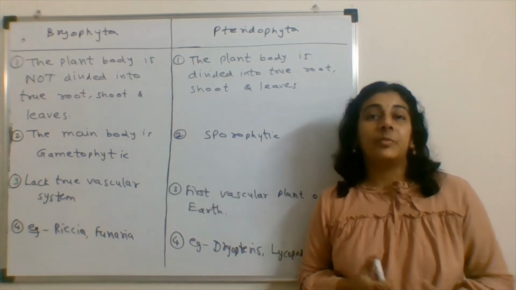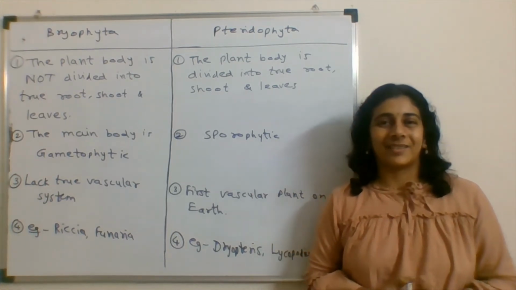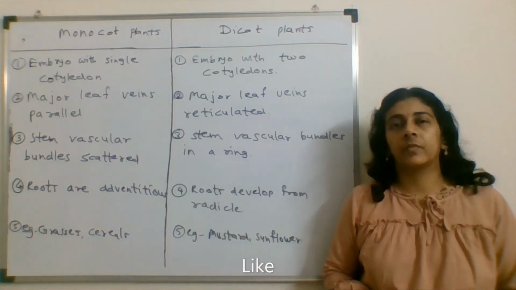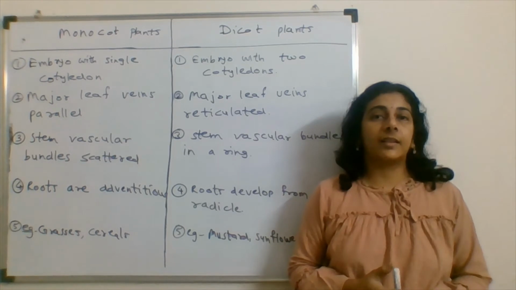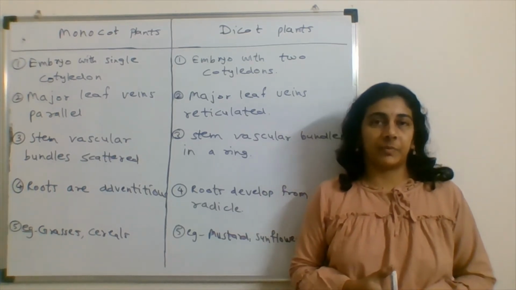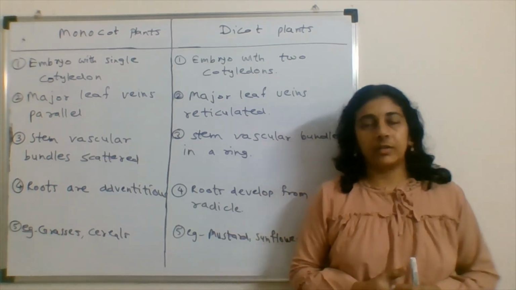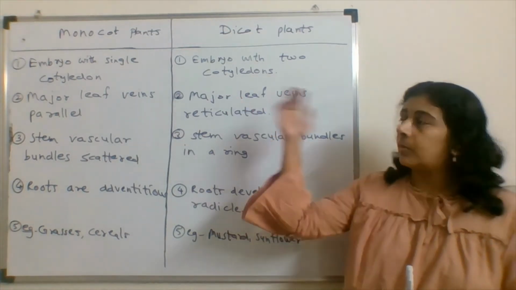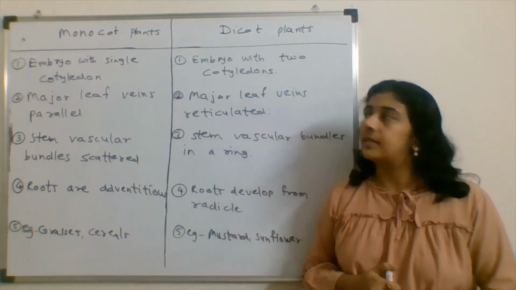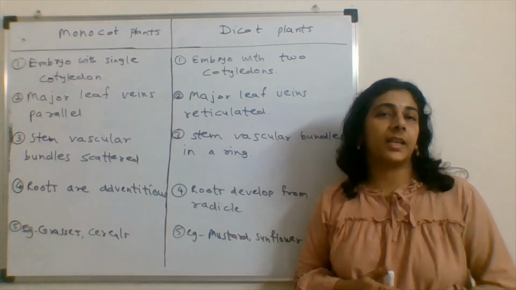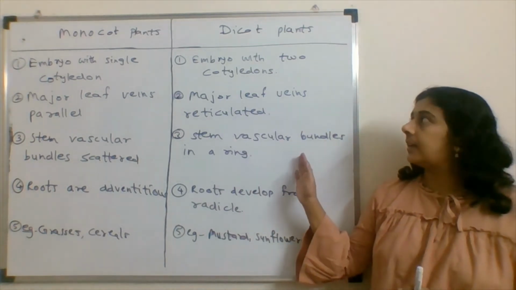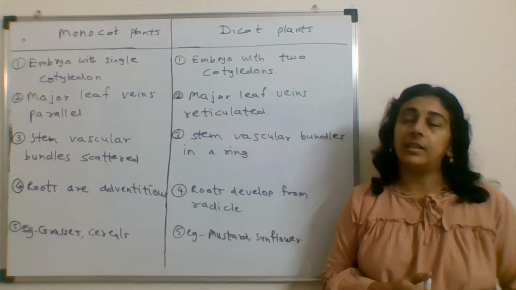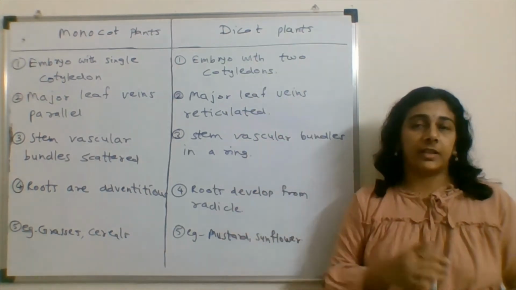Now let's move to the monocot and dicot plants. These are the two basic categories under the phylum Angiosperm. In monocot plants, the embryo has a single cotyledon, that's why it is a monocot, and dicot plants have an embryo with two cotyledons.